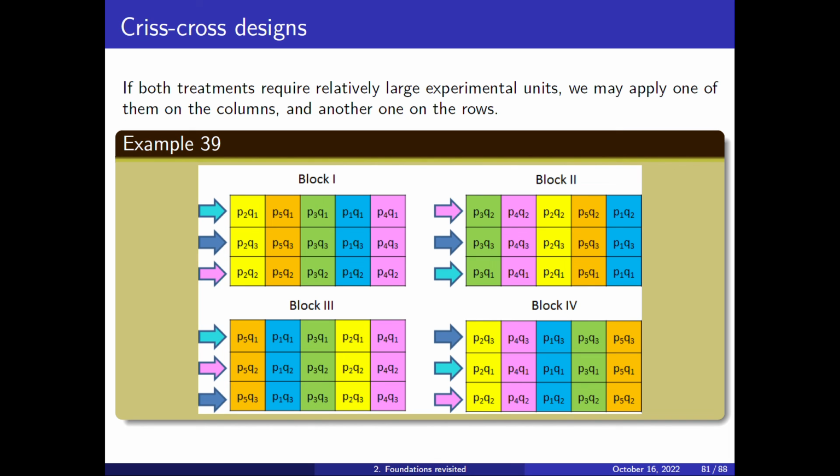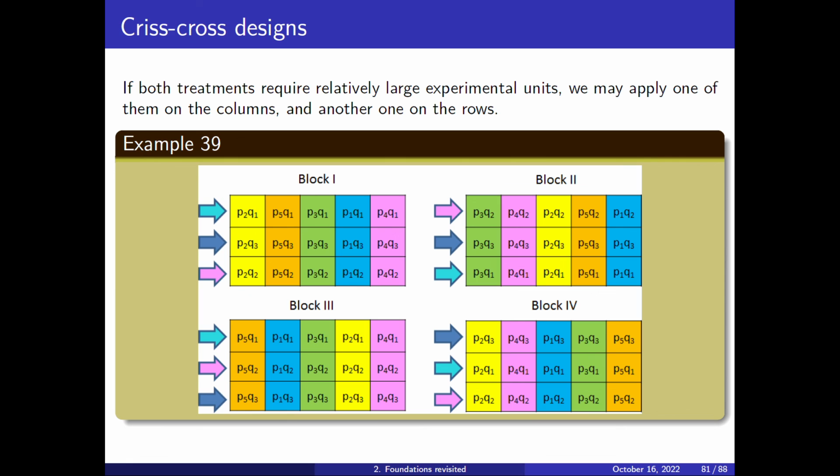We have also these crisscross designs. If both treatments require relatively large experimental units, we may apply one of them on the columns and another one on the rows.